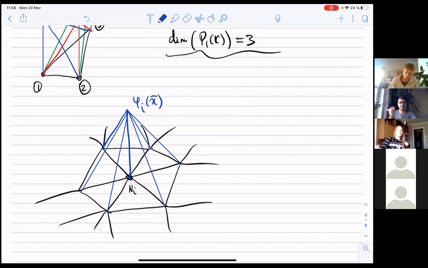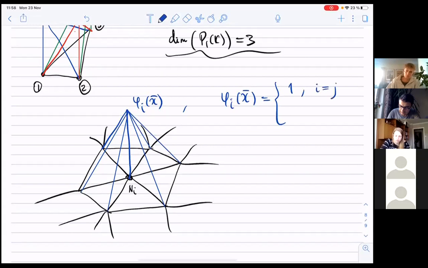Since x is two-dimensional, I put x bar, and it's defined that phi I of x is equal to 1 when I is equal to j. There's this node, I will call it xj, then 0 otherwise.